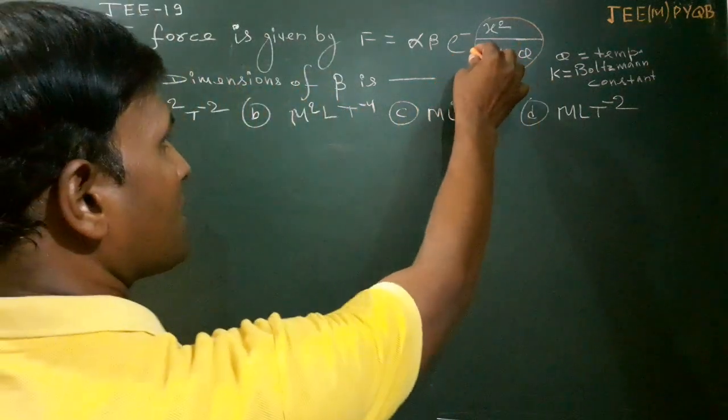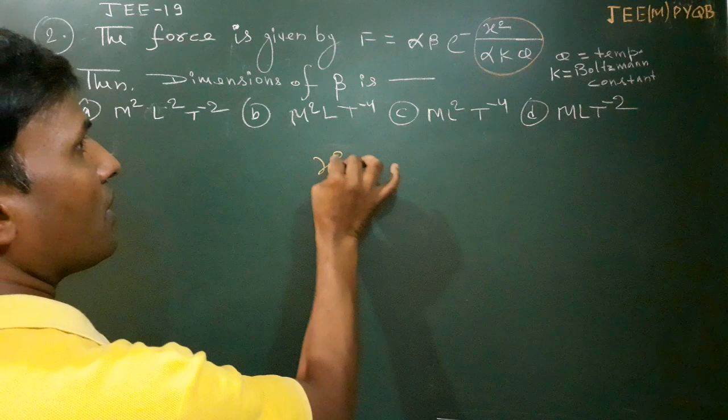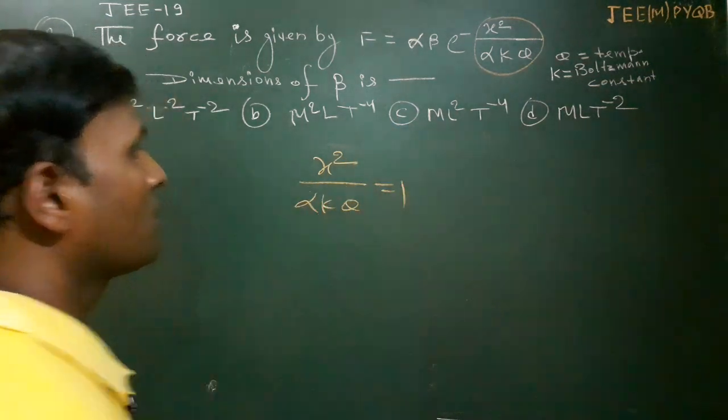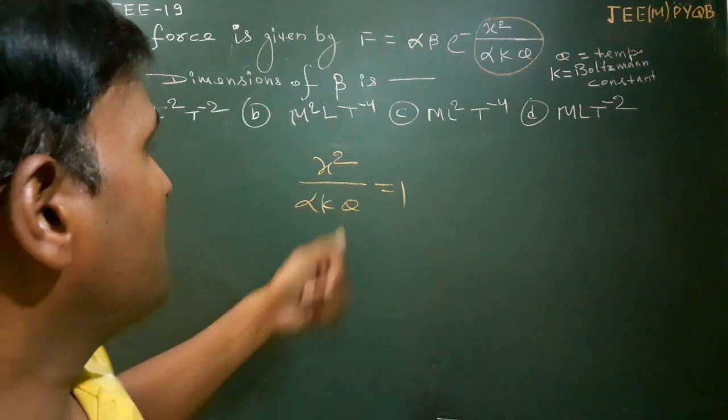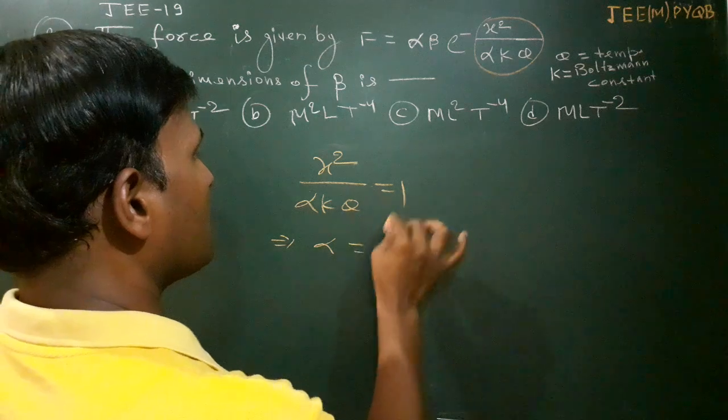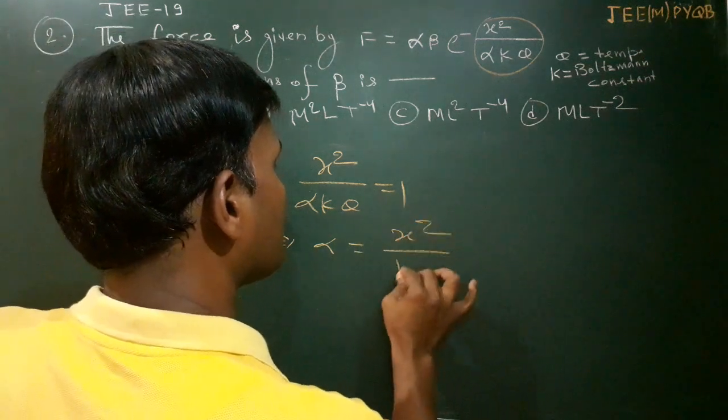So here x squared over alpha k theta must be 1 to be dimensionless, and we can find the dimensions of alpha, that is x squared by k theta.